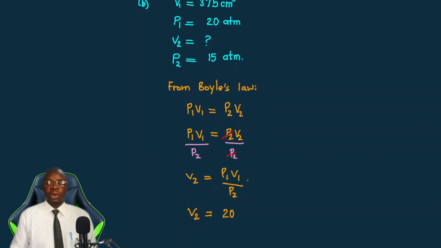As I mentioned earlier, we need to indicate the units here at the moment, atmosphere, and we are multiplying this by volume 1, and our volume 1 is 375 in cubic centimeter.